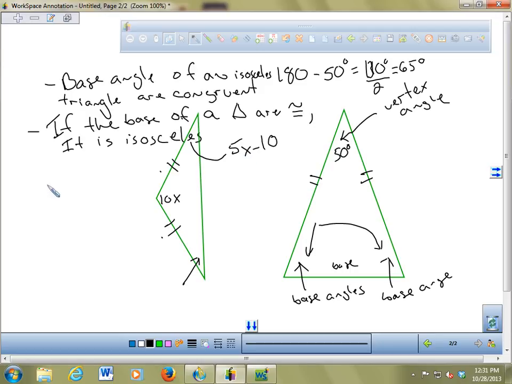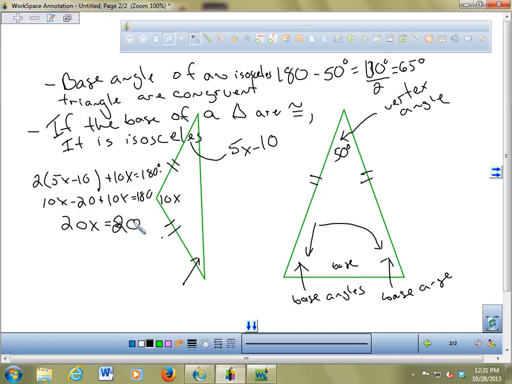5x minus 10. So you would have 2 times (5x minus 10) plus 10x equals how much? 180, right? And so then you get 10x minus 20 plus 10x equals 180. 20x equals how much? 200.